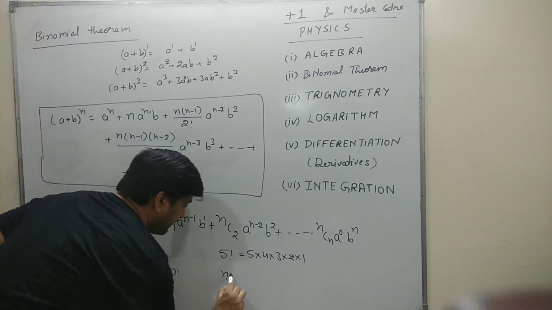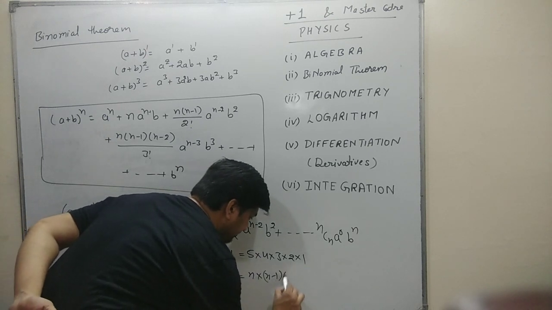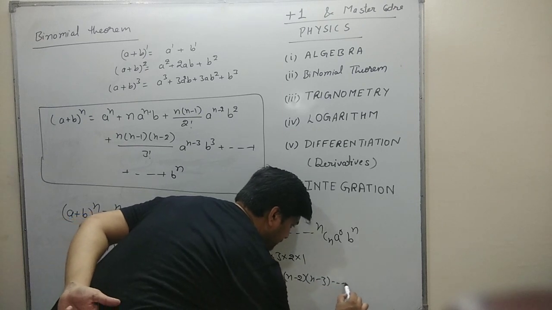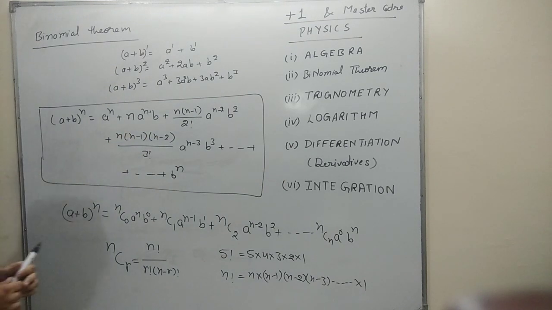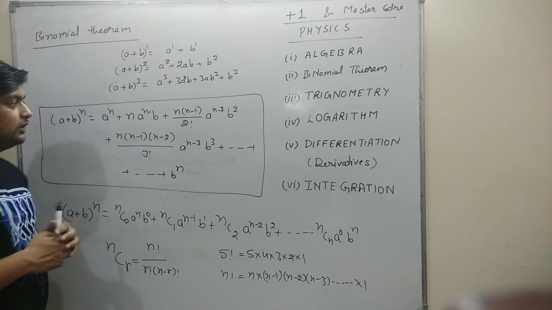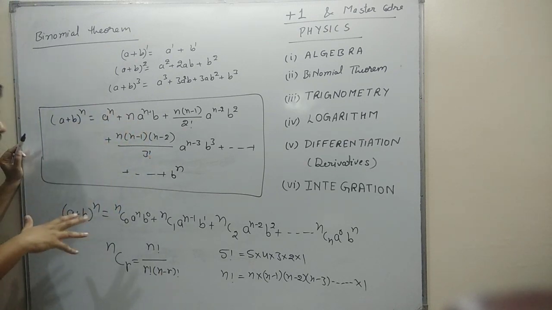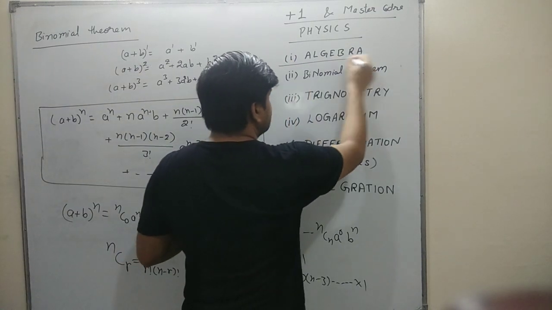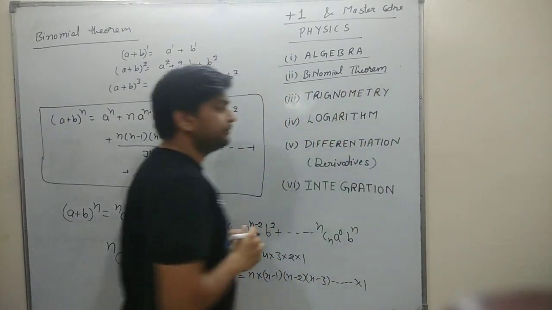So n factorial can be written as n into n minus 1, n minus 2, n minus 3 up to 1. So now you can solve the binomial expansion of any two terms like this from your book. So this is the algebra and binomial theorem.